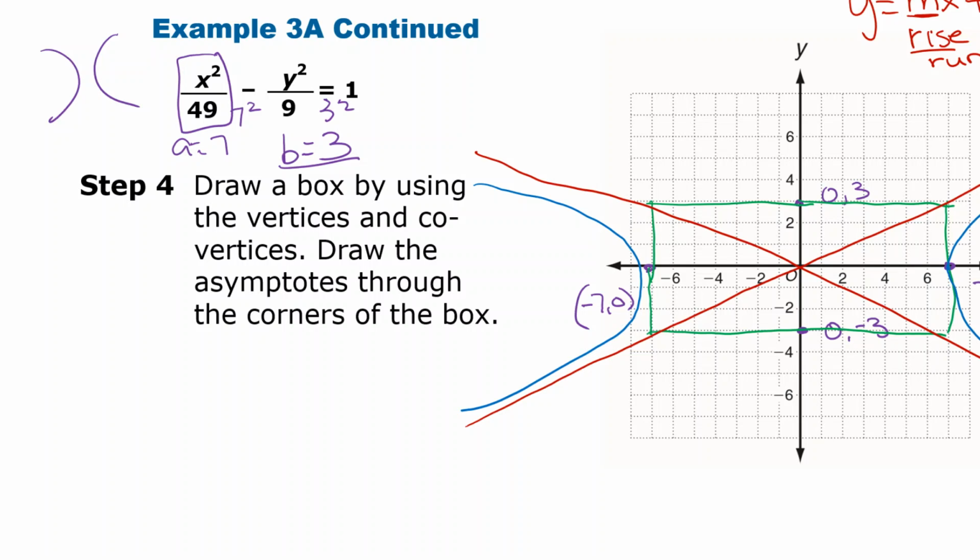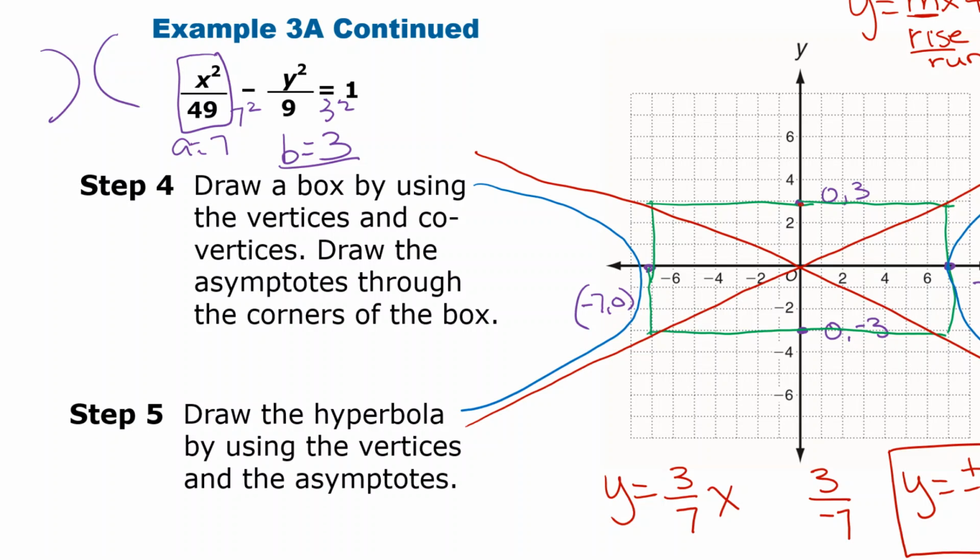And slope is rise, which is 1, 2, 3 over 7. So my slope for my asymptote is 3 over 7x. And for my other asymptote, again, rise 3, run negative 7. So y equals plus or minus 3 over 7x. That's your equation for your asymptotes. All right, so that covers all of the problems you needed to do just by drawing a picture of it.